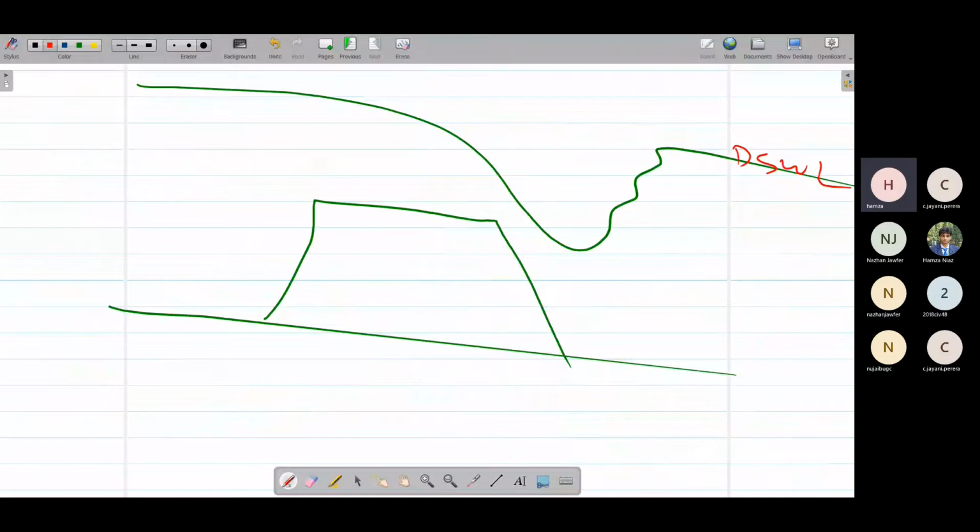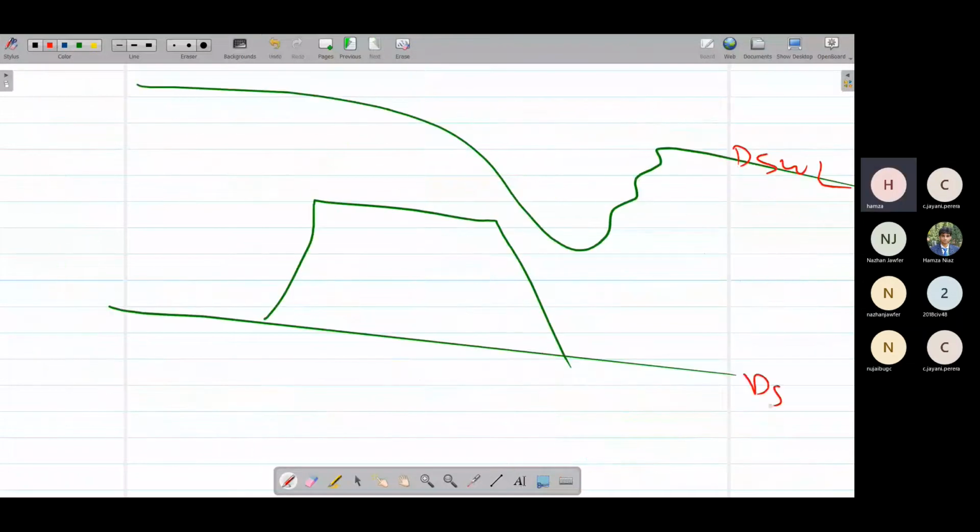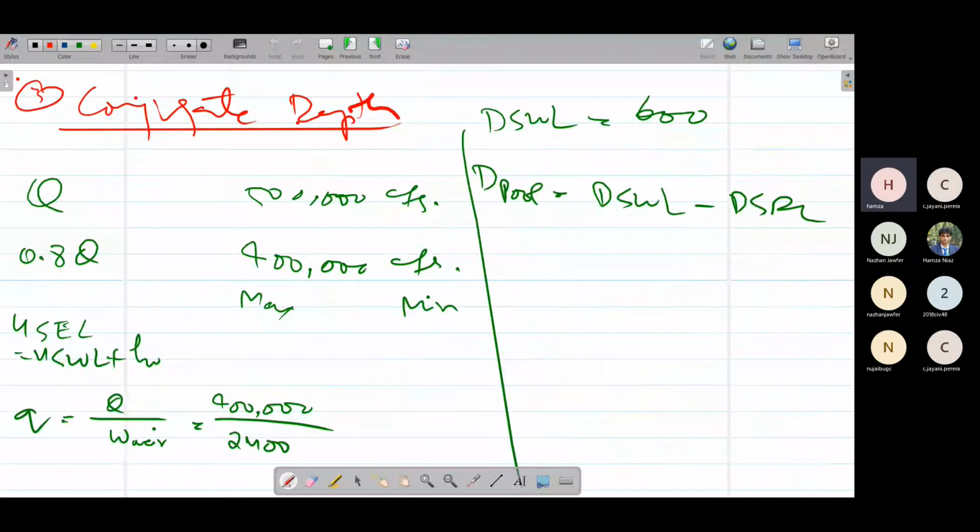If we subtract the downstream floor level from it, we'll get this depth of pool, D pool. Simply subtract them and we'll get this D pool value. Using this D pool value, we can calculate E naught power 3 by 2.